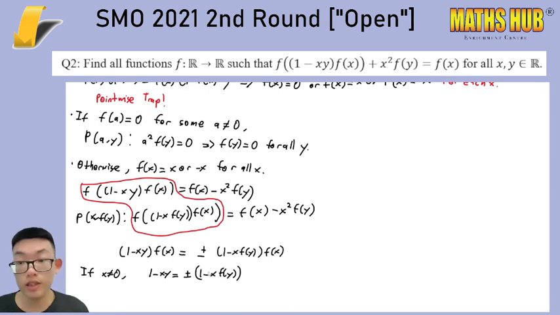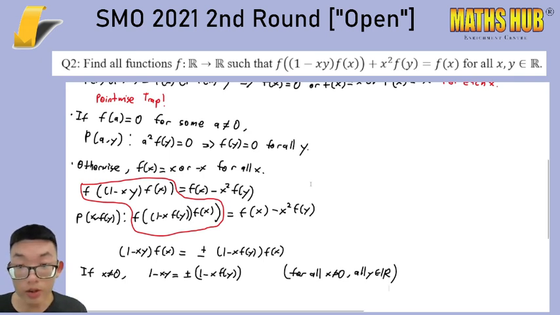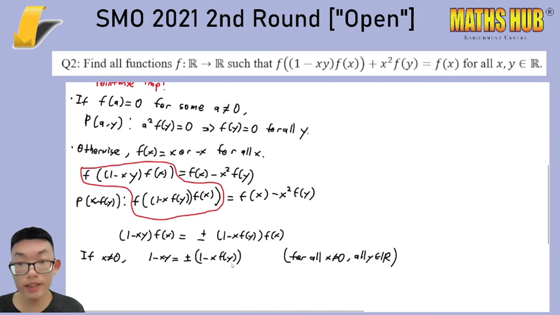And this is for all x that are not 0, and for all y. Now, notice also that f(y) is itself plus or minus y. So it's plus or minus 1 plus or minus xy.